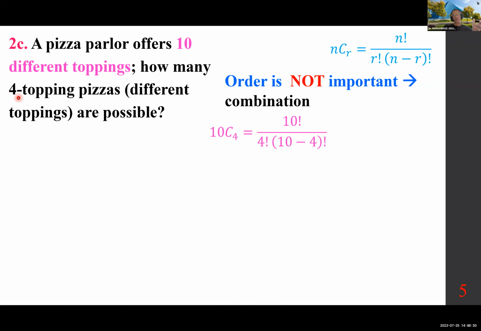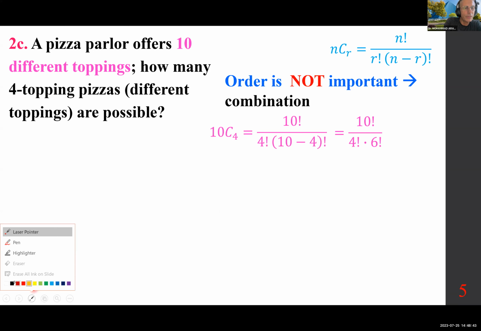Now, of course, you can use a calculator to do the math. I'll show you later on. But if you were to simplify this, this becomes a 6 factorial. And to simplify this, if you're doing it completely by hand, first, the bottom one, the larger one is 6 factorial.